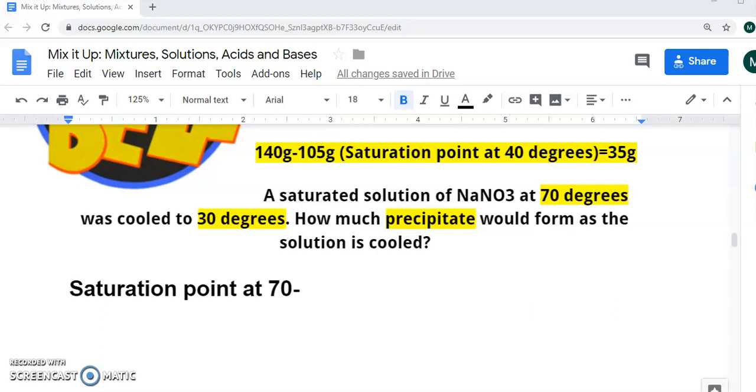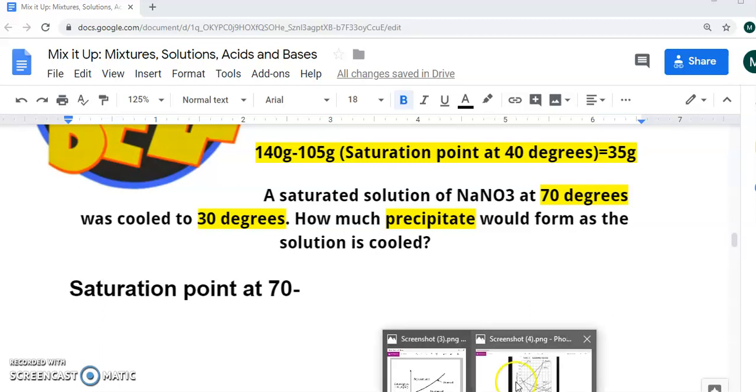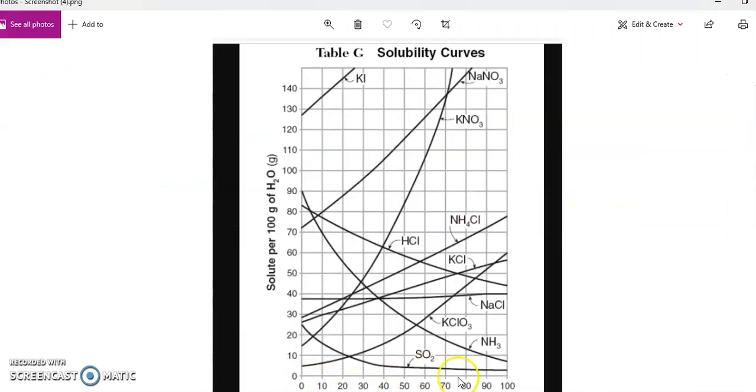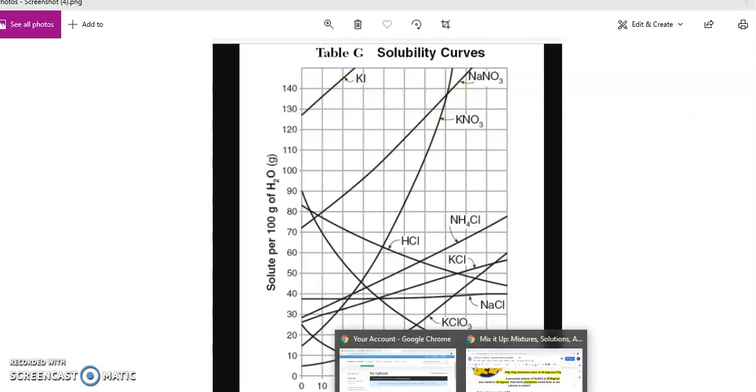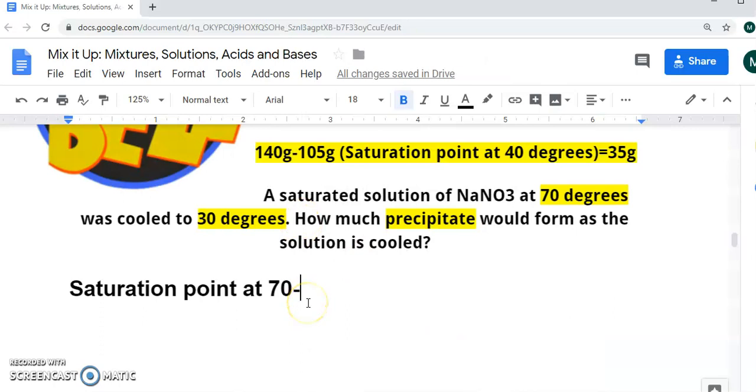So I'm going to go back to Table G. So I'm going to go over to 70, and I'm going to go up to NaNO3. And according to our graph, it's about 135 grams. So at 70 degrees, I should be able to put in 135 grams.